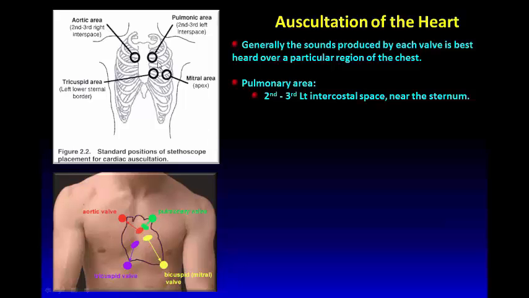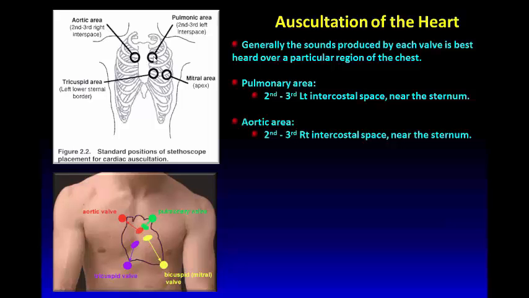For example, closure of the pulmonary valve is best heard at the pulmonary area, which extends from the second to the third left intercostal space near the sternum.